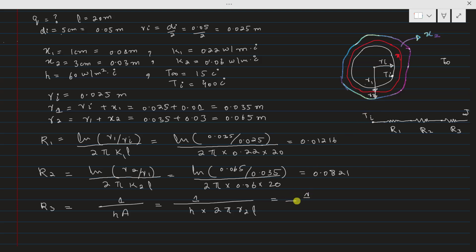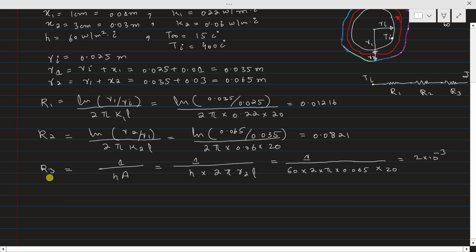So 1 divided by h, 60, times 2 pi, R2 is 0.065, length 20. You will get the last resistance offered to the heat transfer, which is 2 multiplied by 10 to the power minus 3.